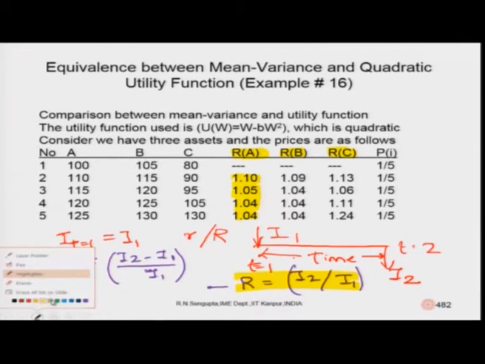Similarly, when I find the returns 115 divided by 105, 120 divided by 115, 125 divided by 120 and 130 divided by 125, you have the returns for B, which I am highlighting with the green color. And when I consider the returns for C, capital R would be 90 by 80, 95 by 90, 105 by 95 and 130 by 105.